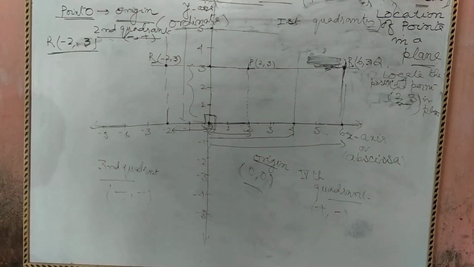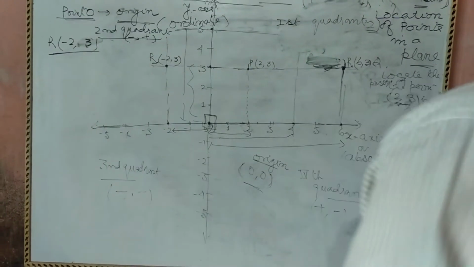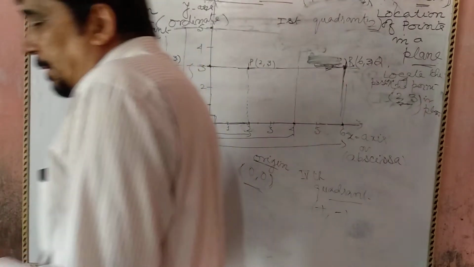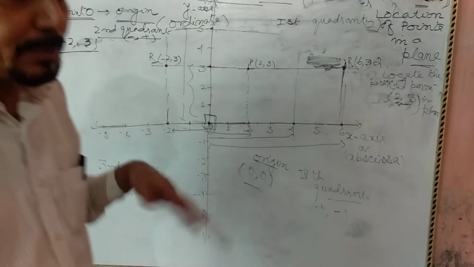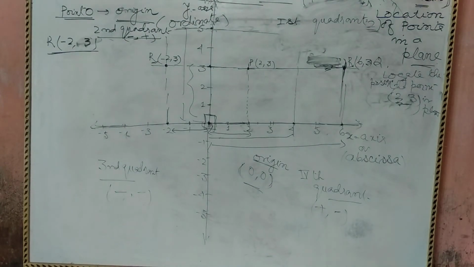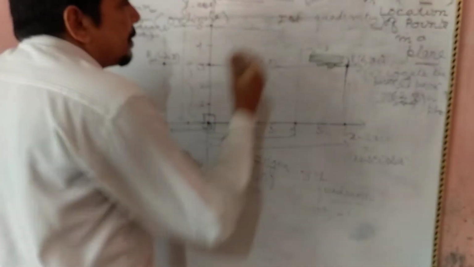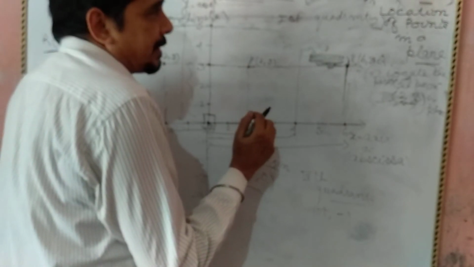You can clearly say by looking at the sign of both coordinates, and confidently we will say that these points lie in so and so quadrant. So in the first quadrant, both coordinates have positive sign.